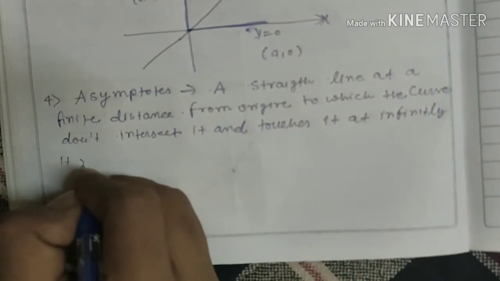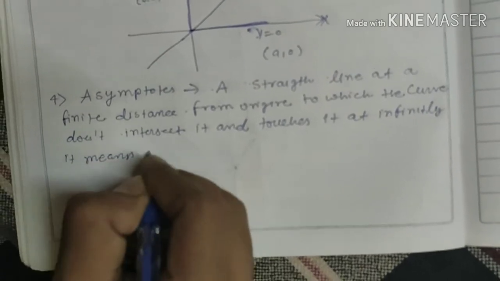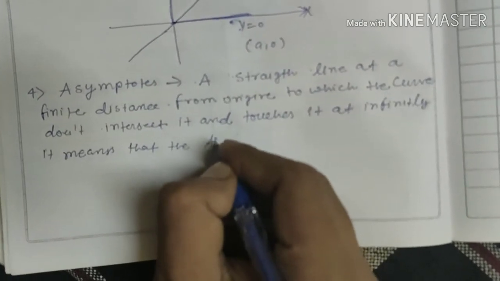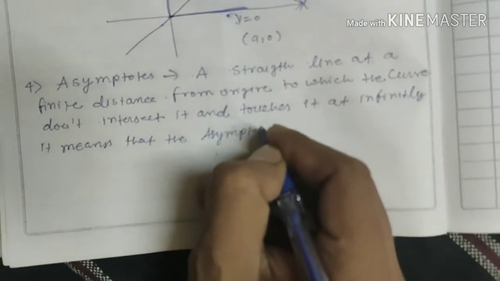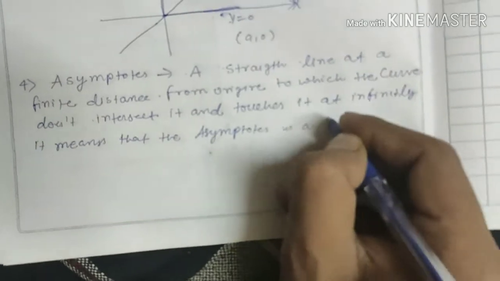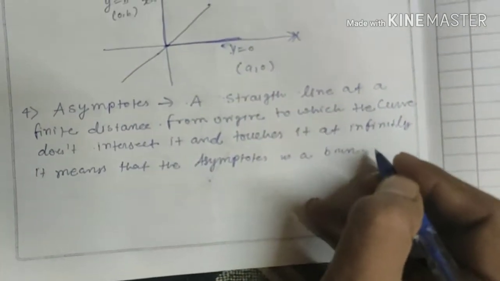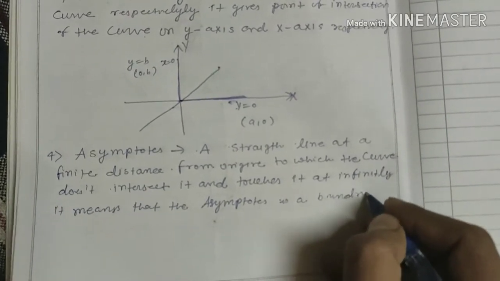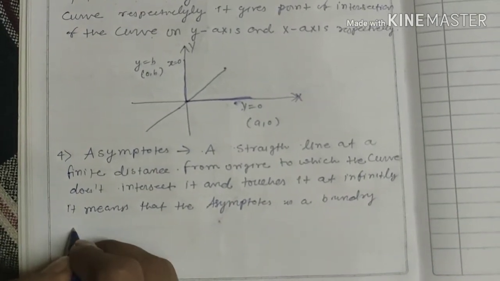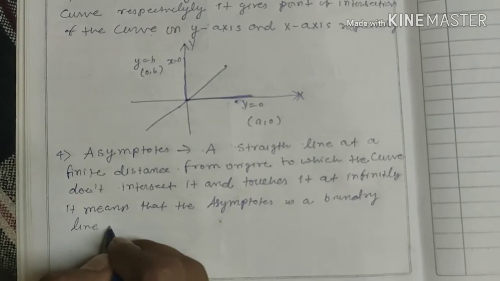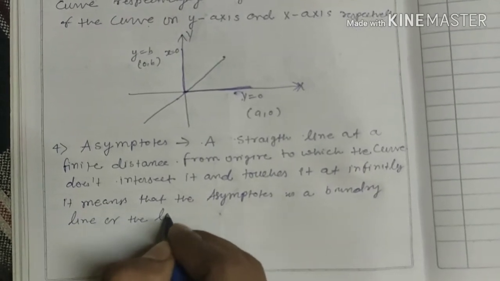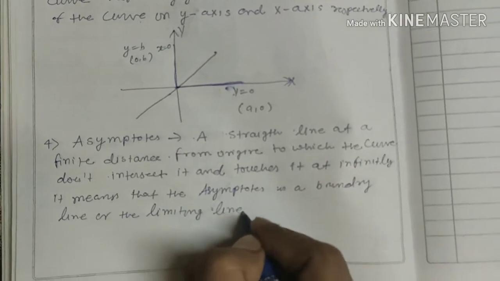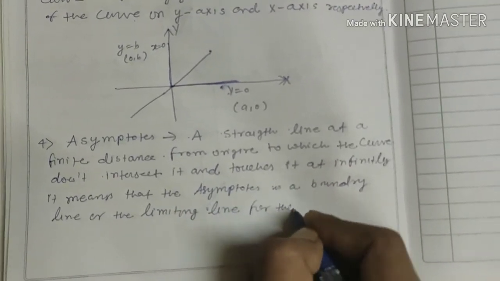It means that the asymptote is a boundary line or the limiting line for the curve.